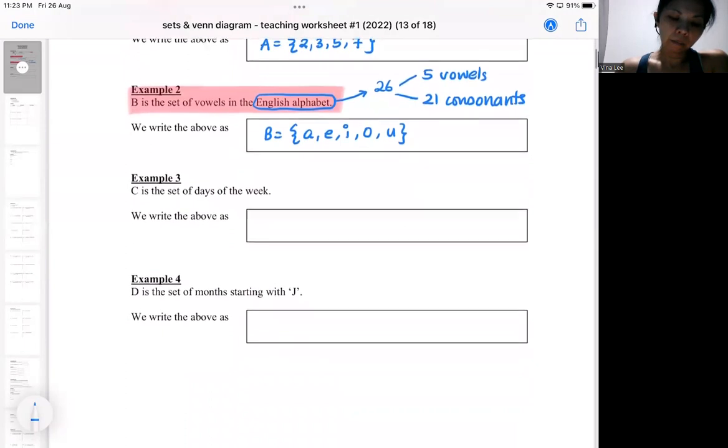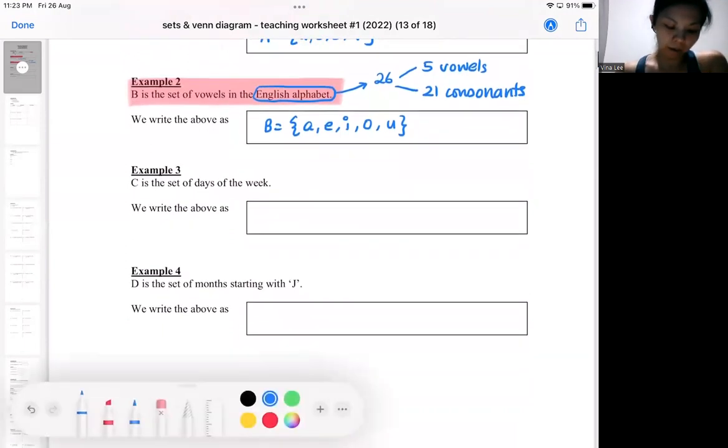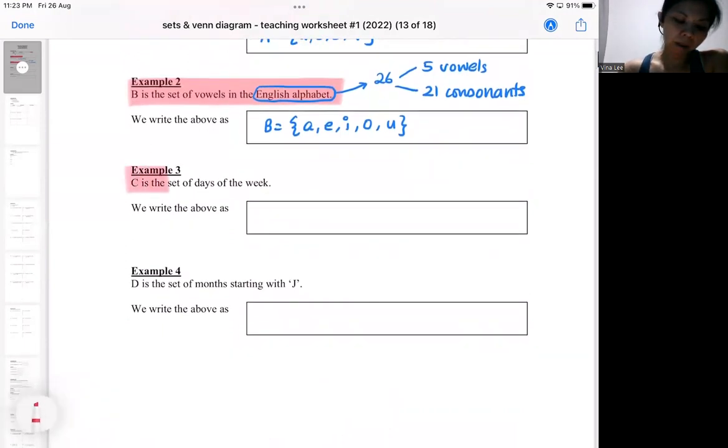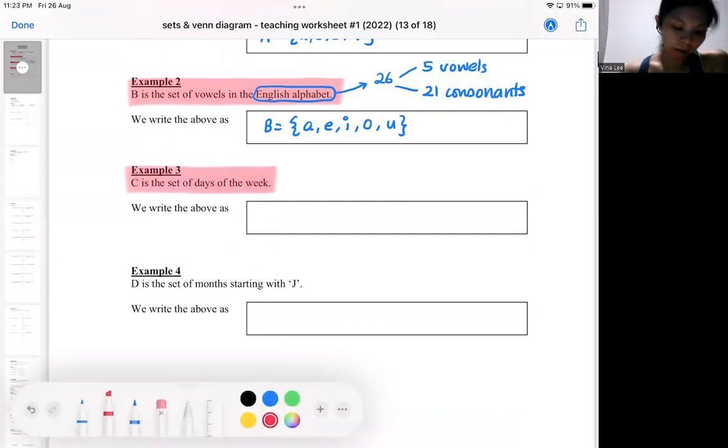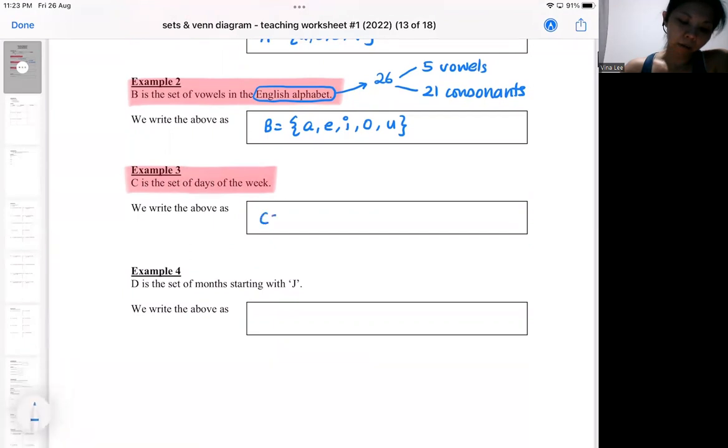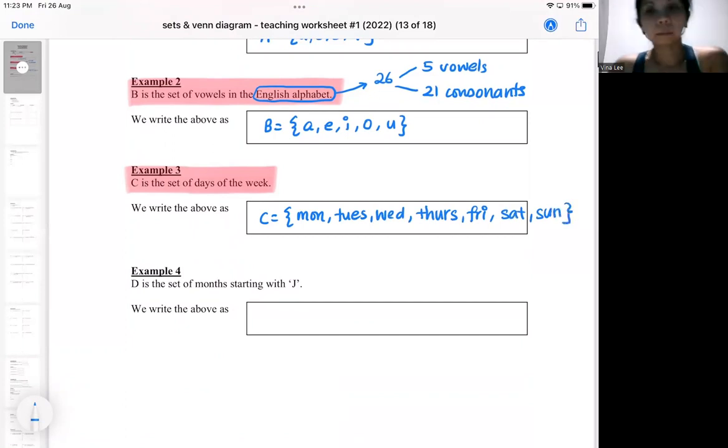Next, C is the set of days in a week. Which are the days in a week? Monday, Tuesday, Wednesday, Thursday. These are the days in a week, and they became elements based on the description.